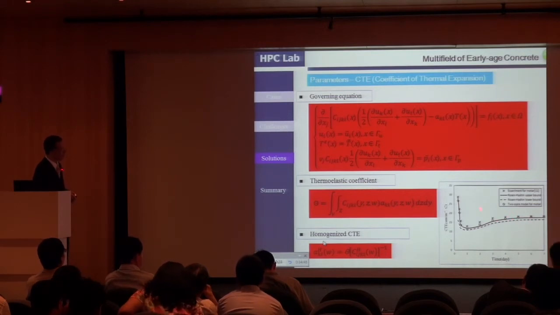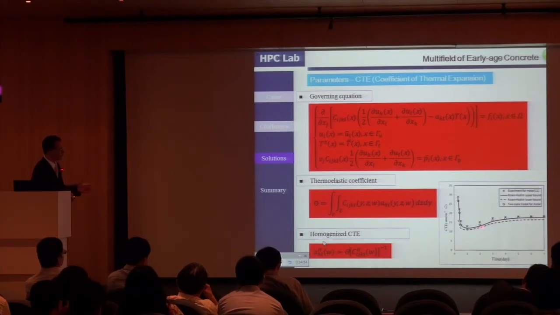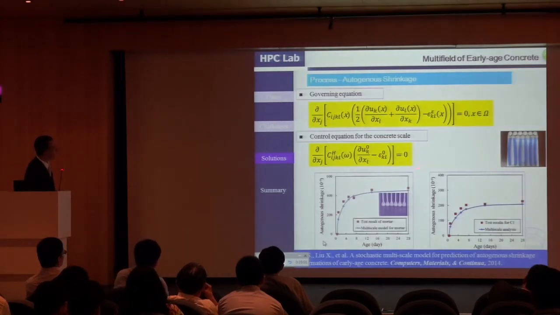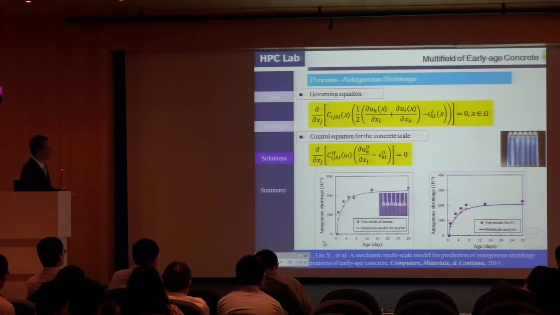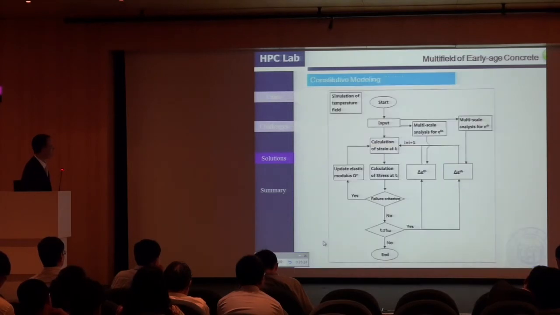We have found that at the early age, it changes rapidly. This is also compared with the experiment measured one and the predicted one. And for the autogenous shrinkage, we can get the mortar scale and also the concrete scale. We can also compare with the experiment in mortar scale and in concrete scale. So it fits quite well, I think.